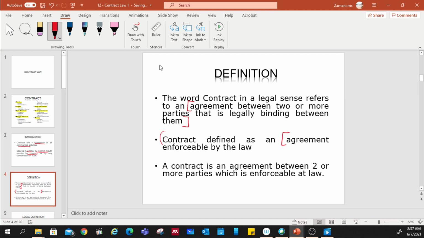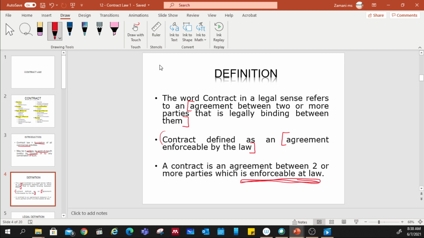This means that if something goes wrong with the contract, it can be enforced by law. You can talk to lawyers or experts on the law about how to deal with the contract, because the contract is binding for you to follow. So a contract is an agreement between two or more parties which is enforceable by law.